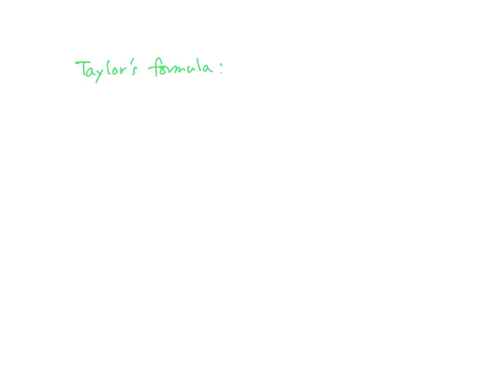You must have learned it in your freshman calculus. Exponential lambda x is 1 plus lambda x plus lambda x squared over 2 factorial, lambda x cubed over 3 factorial, lambda x to the fourth over 4 factorial.